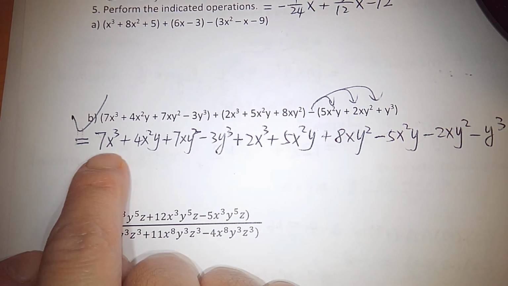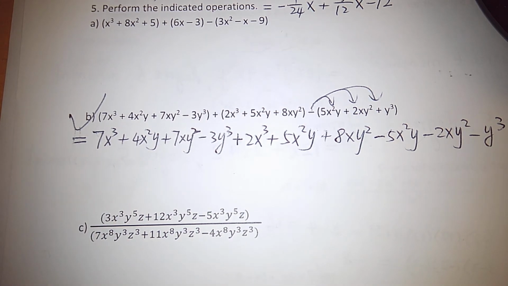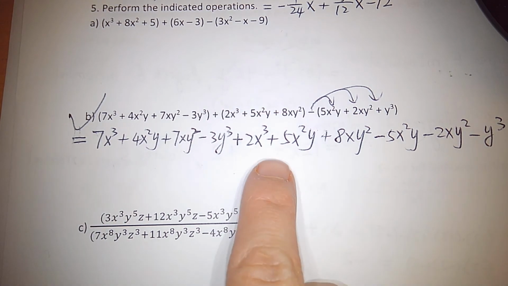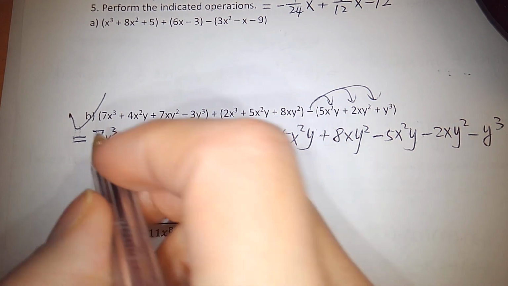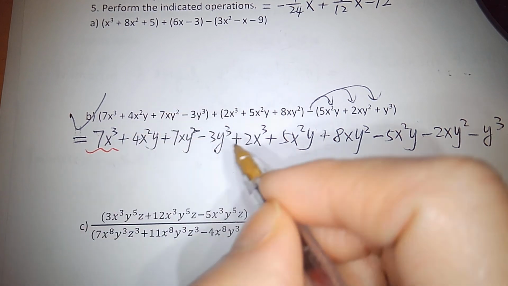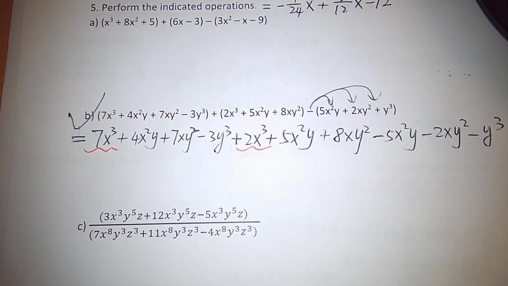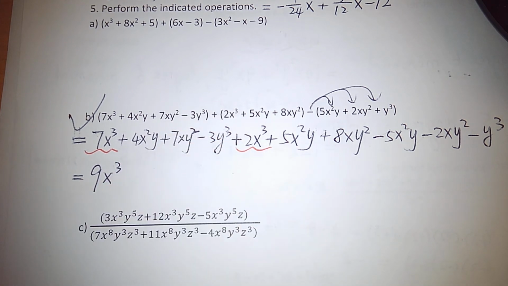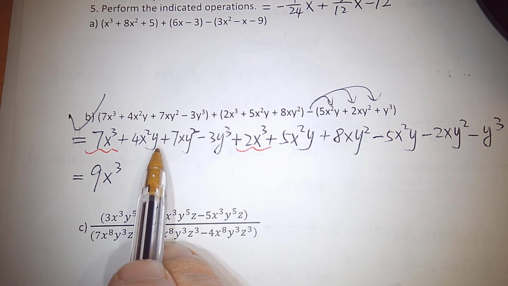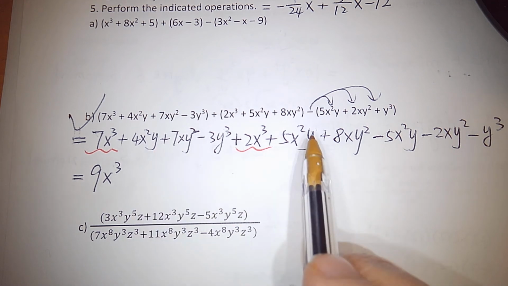Do we have x cubed? Like term with any term? X cubed? Yeah, we have a 7x cubed and 2x cubed. That gives us what? 9x to the cube, right? And then for the x squared y, let's check x squared y.